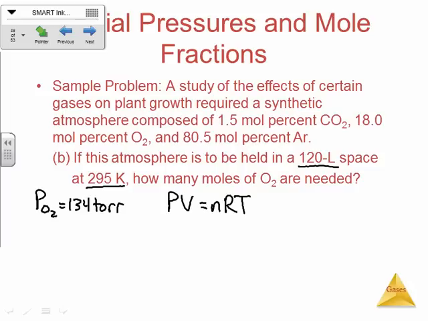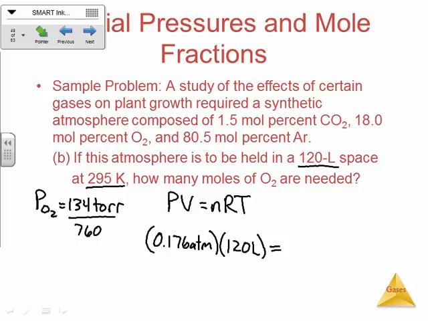So our pressure here is 134 torr, but again, we've got to convert that into atmospheres, so we're going to divide this by 760, and that's going to give us atmospheres. It's 0.176 atmospheres. And that sounds about right, because this O2 is just 18% of the total pressure, so it's going to be low. Our volume here is 120 liters.